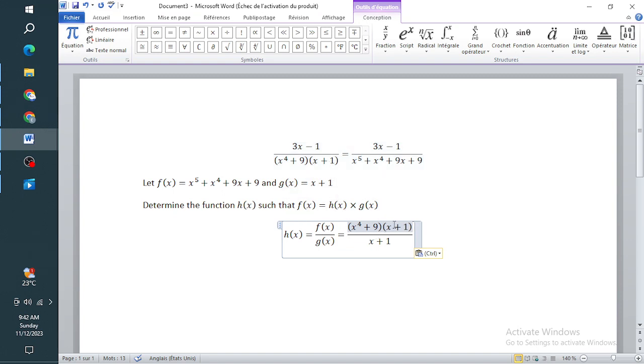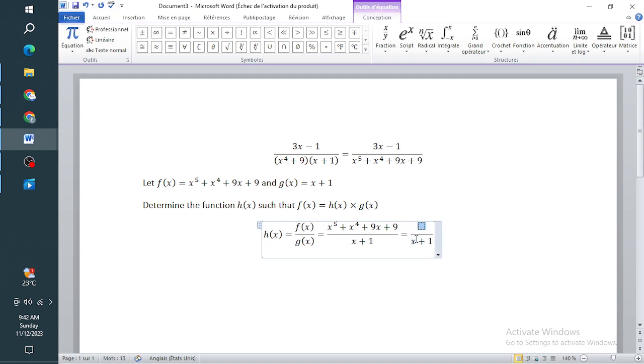So your h of x will just be equal to the quotient x to the power 4 plus 9 when you carry out long division. Since I set the equation, I'm not going to take time to solve it because I already know what we are supposed to have at the end of the day.